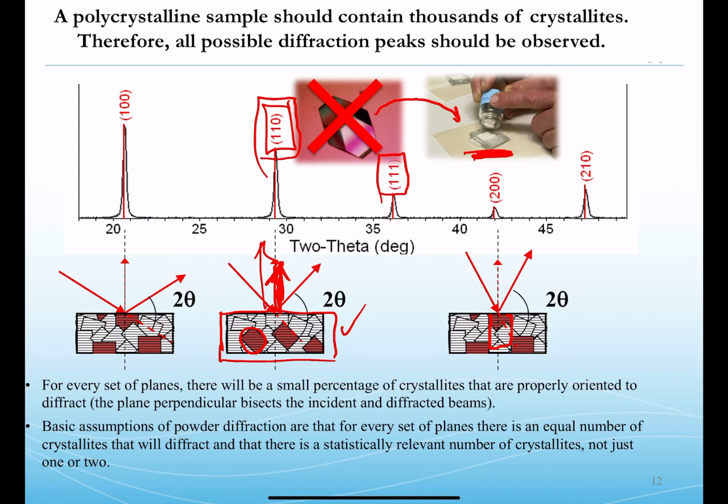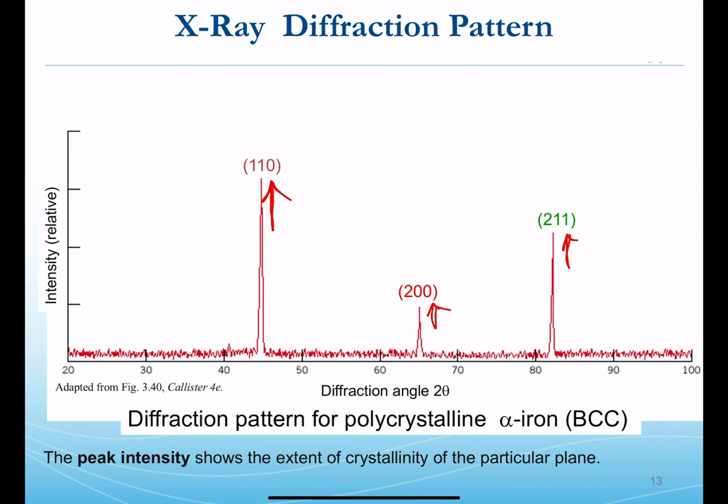And so the crystal size being very large helps us have enough sets of planes to build intensity at the detector. But if it's very, very small, only a few sets of planes, we don't have enough density of planes of atoms to build us intensity at the detector. So the peak intensity is not only related to the type of atoms involved, but it's also related to the extent of crystallinity of a particular plane.